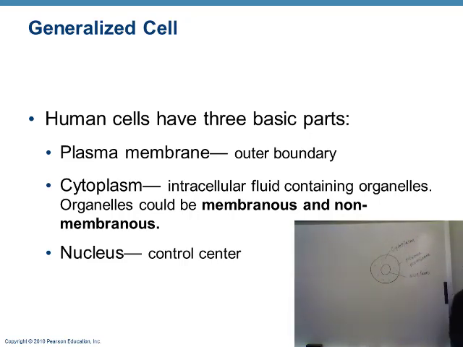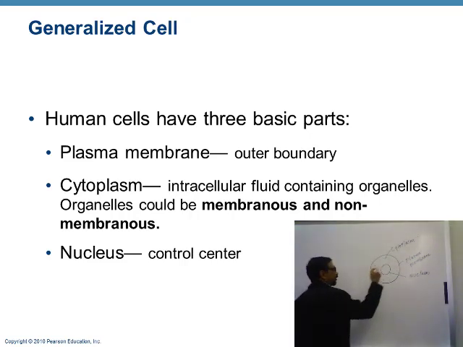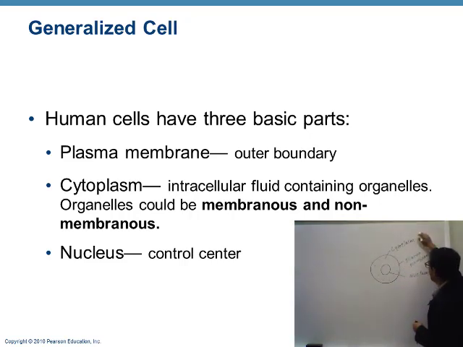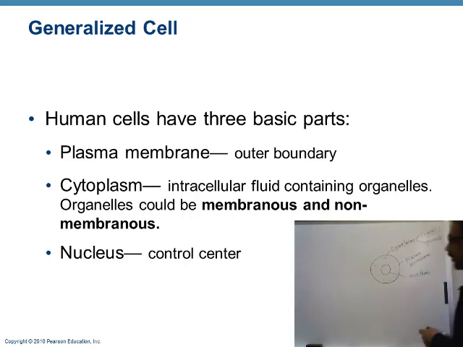Now, cytoplasm has two components in it. What are those two components in cytoplasm? In cytoplasm, the liquid part is called cytosol. That's the liquid part, and you have organelles. So, you have two parts in cytoplasm.